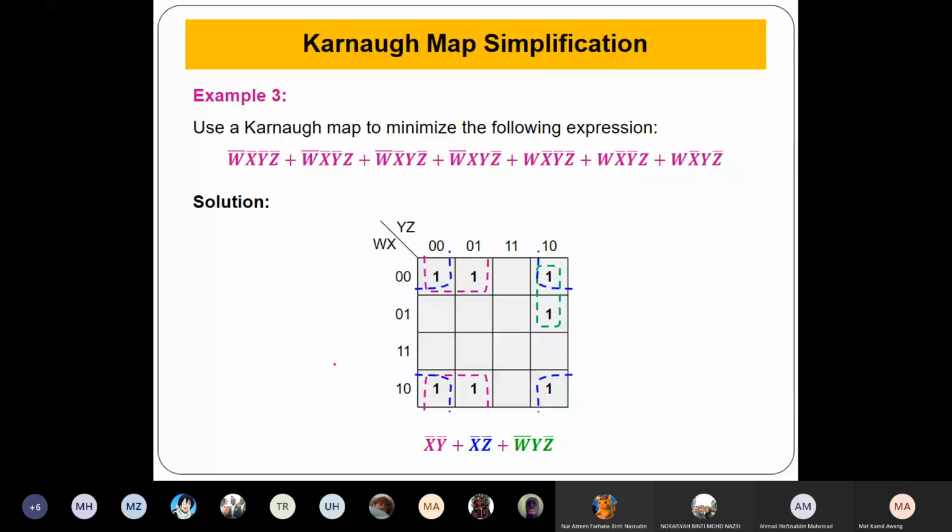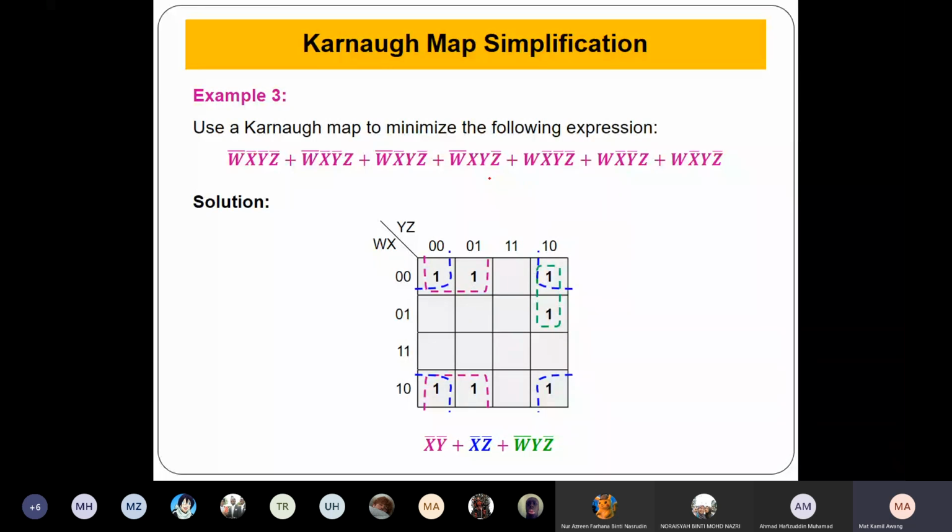So W bar, X bar, Y bar, Z bar is this one. W bar, X bar, Y bar, Z is this one. W bar, X bar, Y, Z bar is this one.